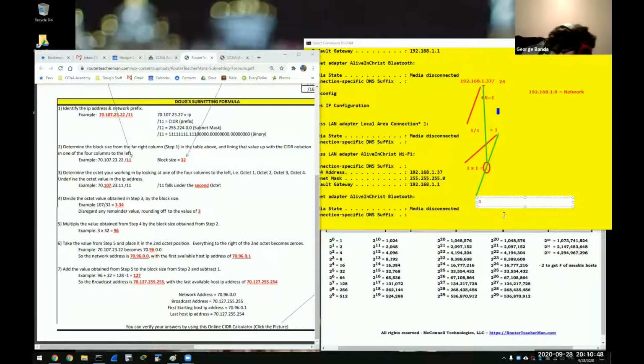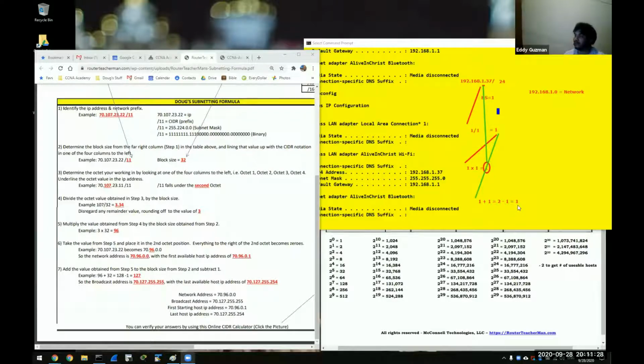The block size, which is 1 as well. That equals 2. When we subtract 1 from it, what does that equal? 1. Man, we keep landing on 1. I wonder if this formula is going to work or not.